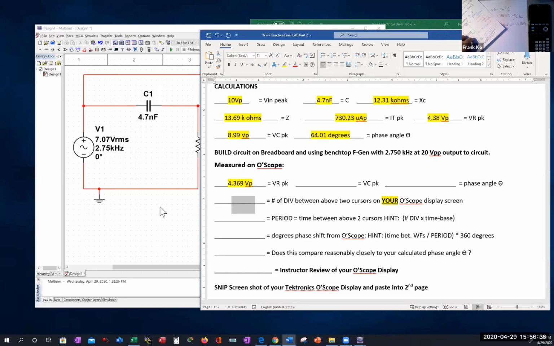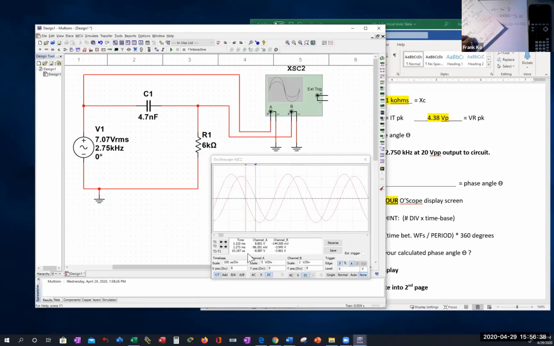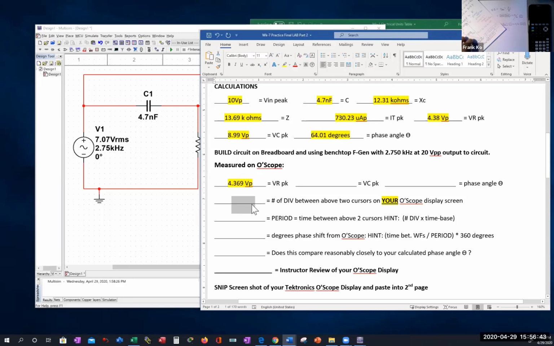I'm going to put in this number, 63.197 microseconds. I'm going to highlight that. And instead of number of divisions, I'm just going to rephrase this to time. Time between the two cursors.